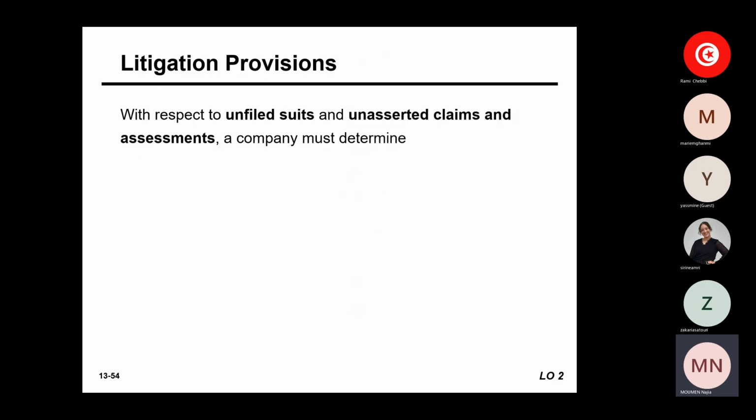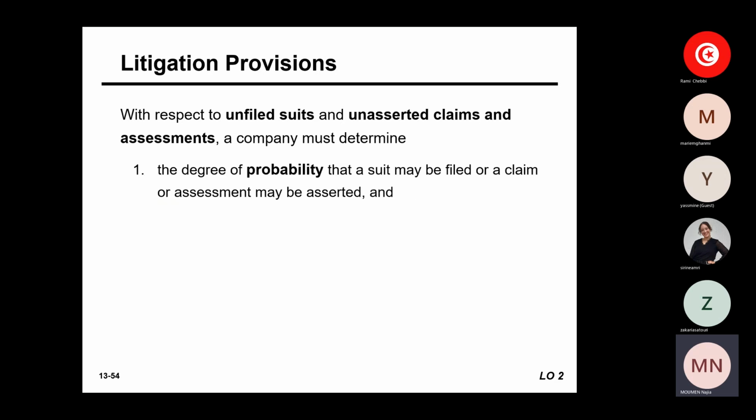But now, what if the customer that you just fired didn't file a suit yet, but you have, of course, a doubt that there is a certain degree of probability that this suit may be filed? There will be claims and assessments asserted based on this probable suit.